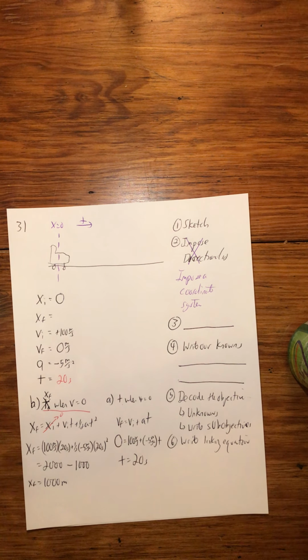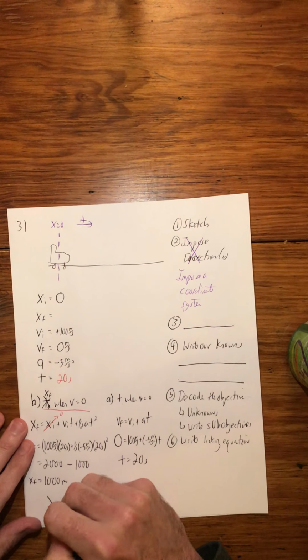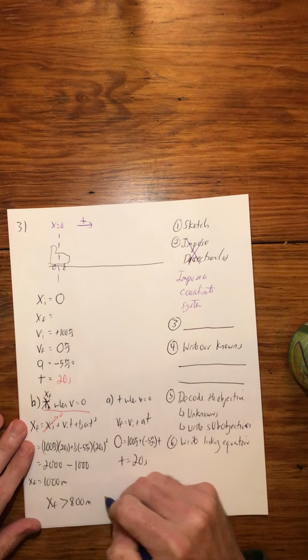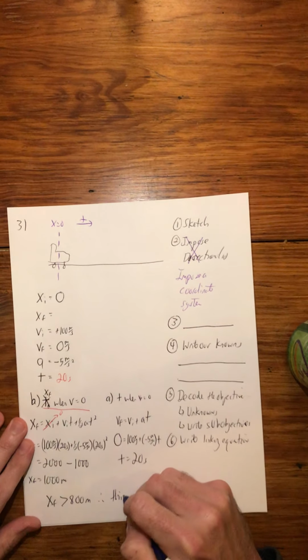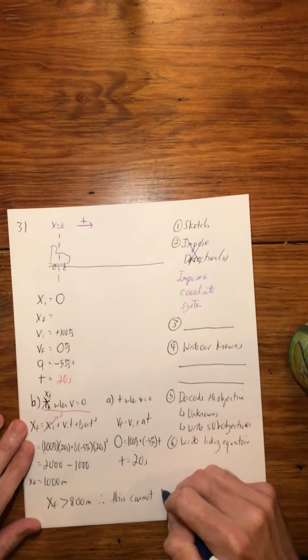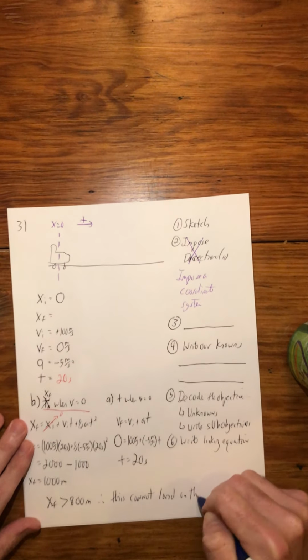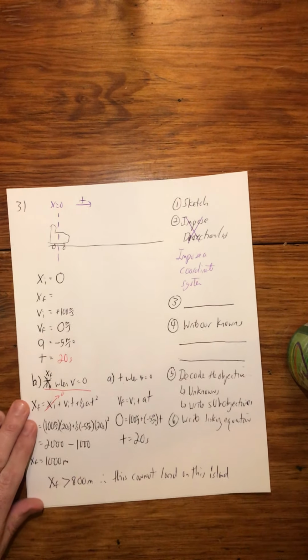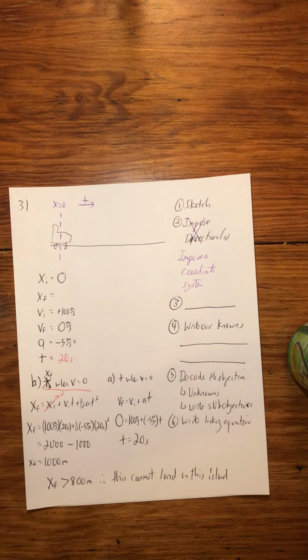That's not the answer to the problem here. Ready, folks? Because xf is greater than 800 meters, therefore this cannot land on this island. I did an explicit comparison. You can't just say, well, it's obvious.